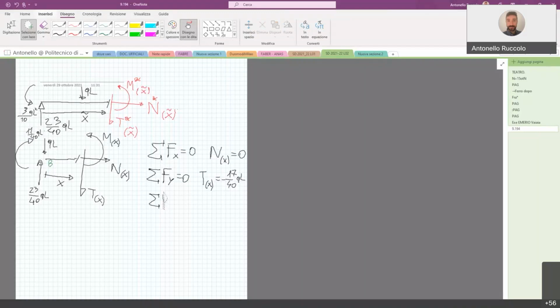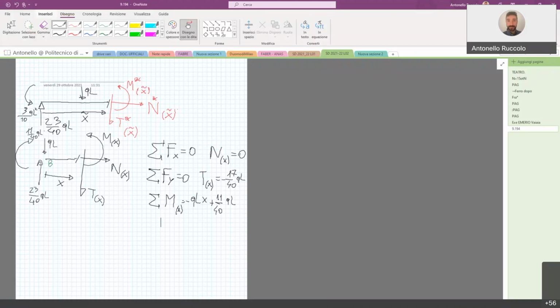But the equation of equilibrium of the rotation is simpler here, because we have just the contribution of 11 over 40 QL and the QL times 6 minus 11 over 40 QL. Is it right? 11 over 40 with positive sign. Okay.